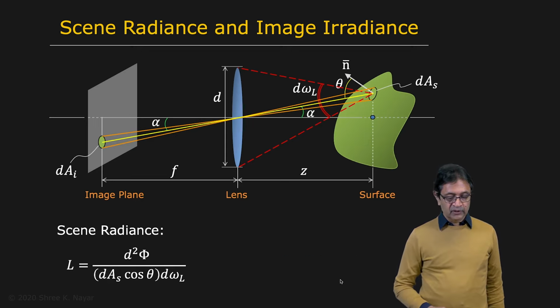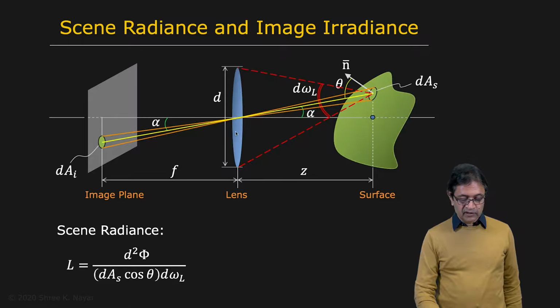Okay, so how do we figure out what is the flux received by the lens? Well, let's say that we know that the radiance of this patch is L. We know the definition of radiance, d2 phi divided by dAs cosine theta d omega L, where d omega L is the solid angle subtended by the lens.